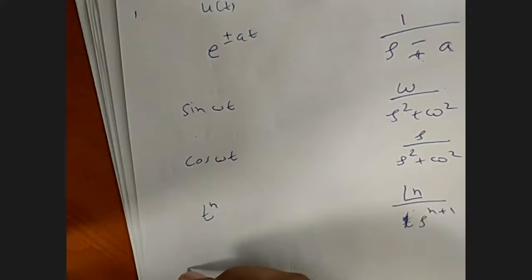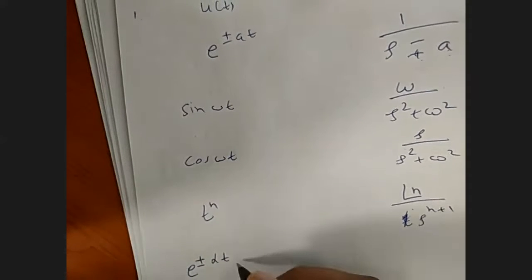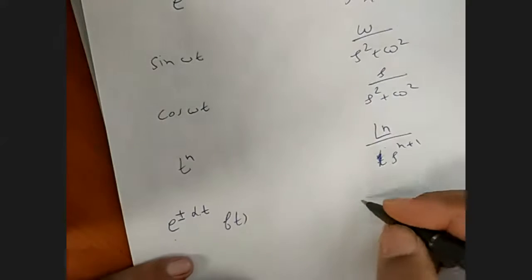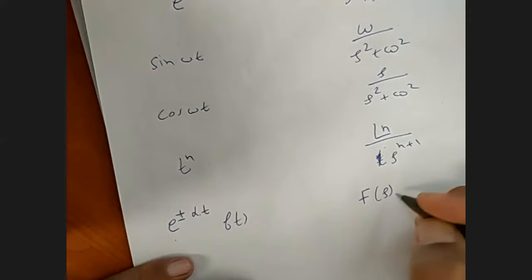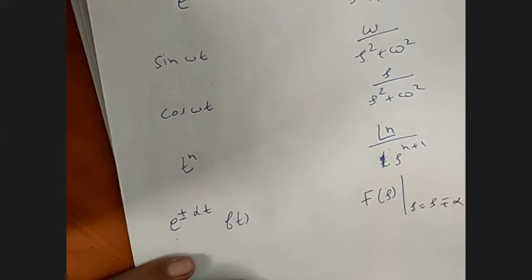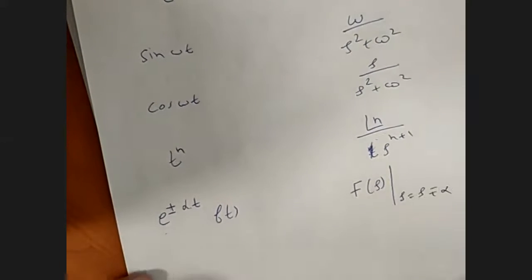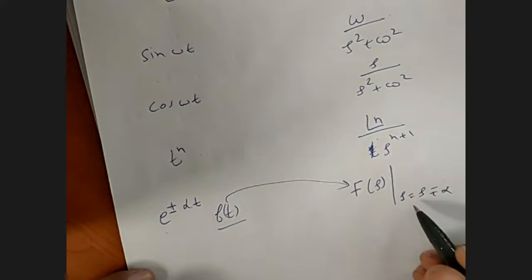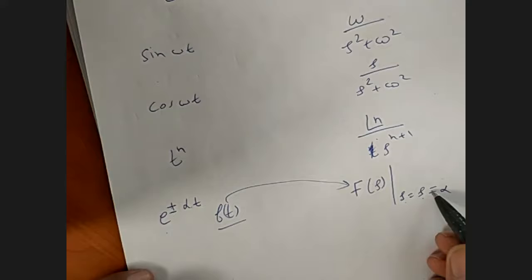And if we are talking about e raised to plus minus alpha t into ft, means any function which is multiplied by e raised to power plus minus alpha t, then it is simply the fs, and then we will be putting s equal to s minus plus alpha. ft का fs निकाल दिया हमने, और उसमें s की जगह s इक्वल टू s माइनस प्लस a कर दिया.